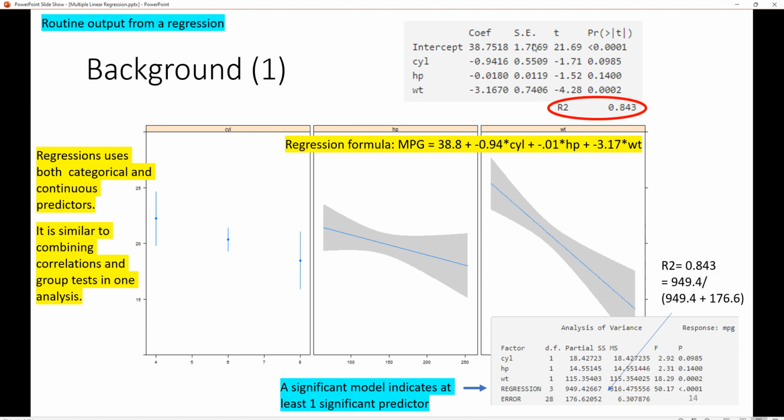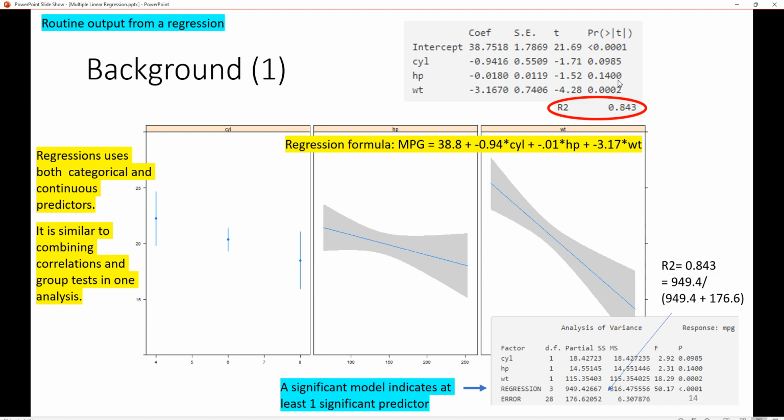And we get a standard error that shows us about what's that spread, how much variation do we have. We have a t statistic, which is the coefficient divided by the standard error, and we use that to determine probability or significance, and that tells us the probability that we're going to be wrong in stating that there is a significant effect.